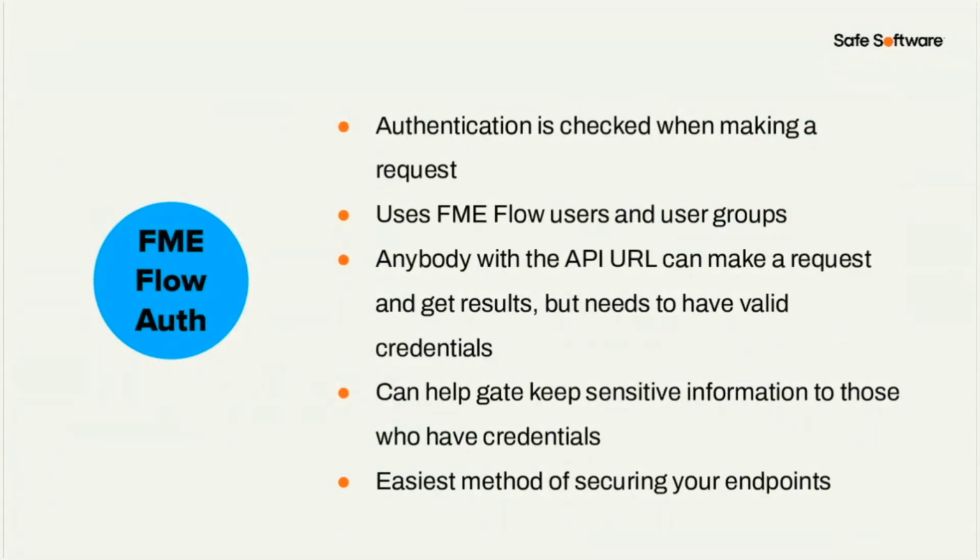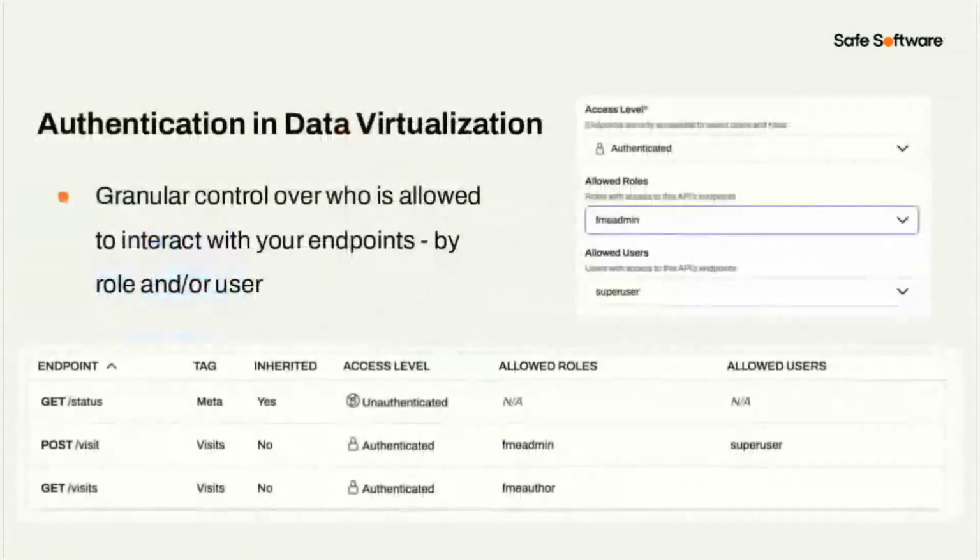And so you use the existing permission system in FME Flow to be able to better manage access to your endpoint. So anybody can make an access to the API URLs, but they need to have valid credentials. And I'll also highlight in a moment what that means. This is the easiest way to sort of secure your endpoint to help gatekeep the sensitive information to those who are allowed to have access to it.